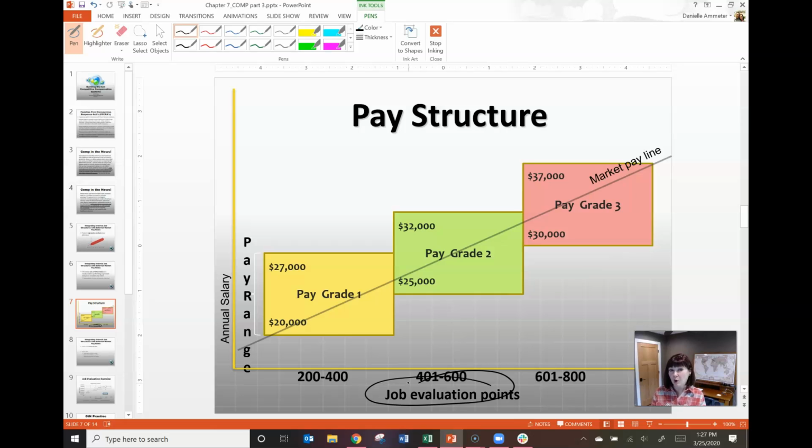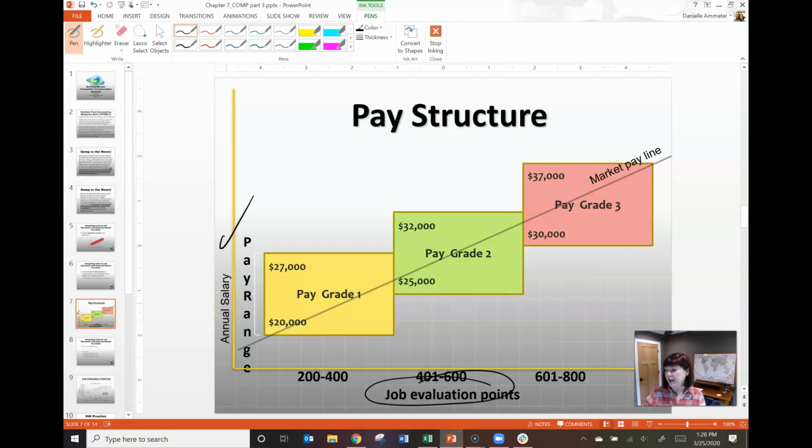So we go through that whole thing where we're trying to figure out what makes sense in our organization. So one thing we need are job evaluation points. We need to know what our internal structure is. And then what we're trying to do is to figure out how does our internal structure play with the external structure. So the other data point you need is salary.